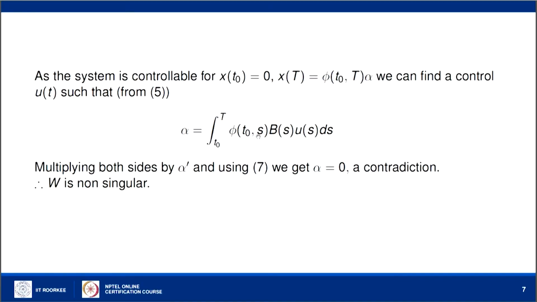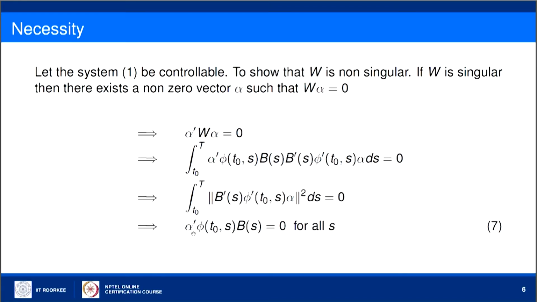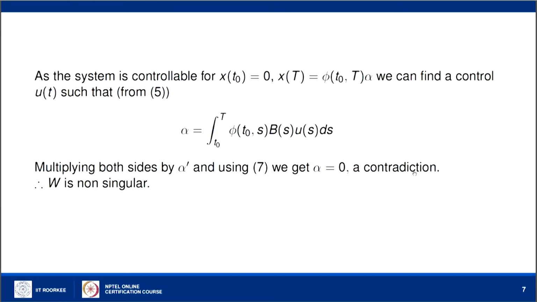So, ultimately we will get the equation alpha equal to integral T0 to T etc. Now, multiplying both sides with alpha dashed, we will get alpha dashed into alpha equal to 0 because of this equation 7, and hence we will get alpha equal to 0, which is a contradiction to the fact that this W is singular. Therefore, W should be non-singular for the controllability of the system.